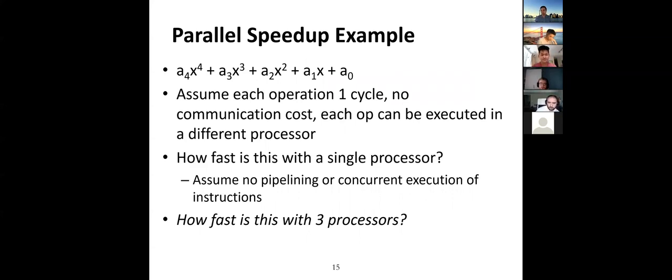The processors are absolutely identical. At each cycle, you can do one operation on each of them. And assume they can communicate, so they can transfer the information: as soon as the information is ready, in the next cycle it can be available on the other one if needed.